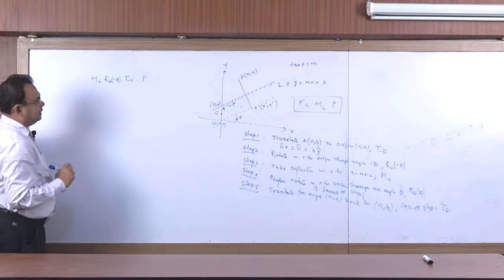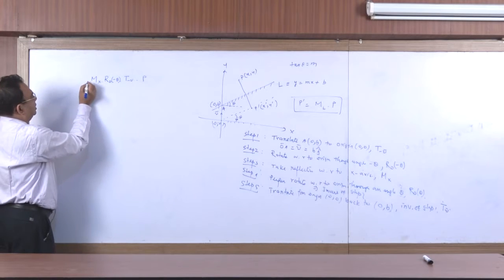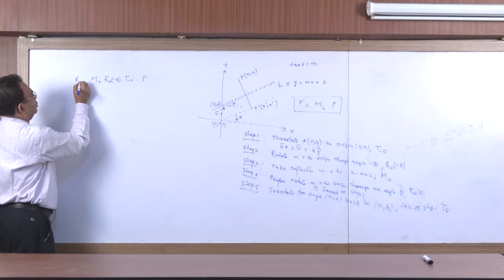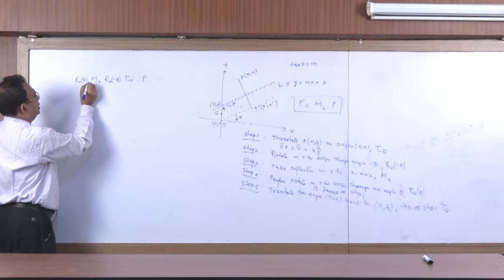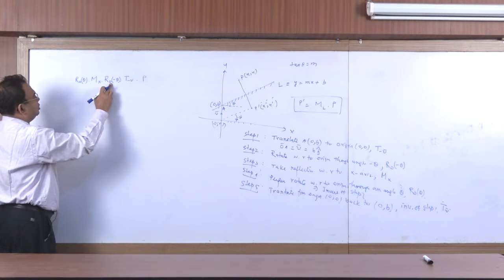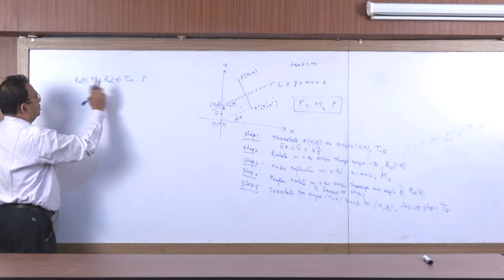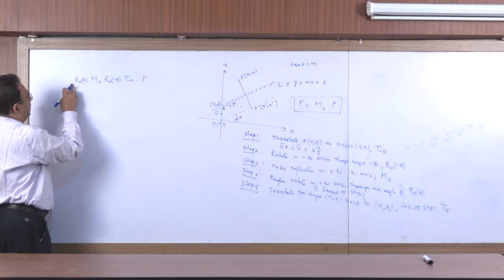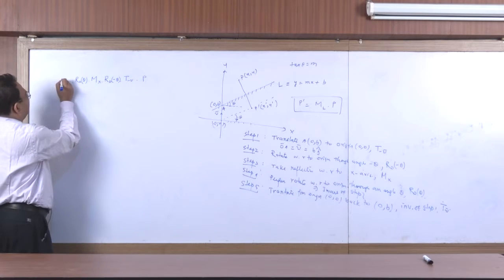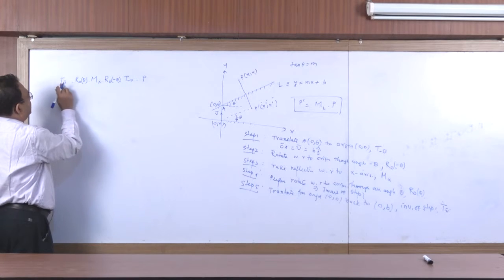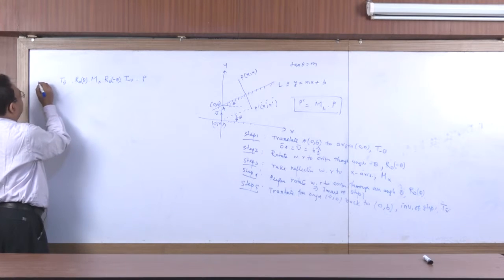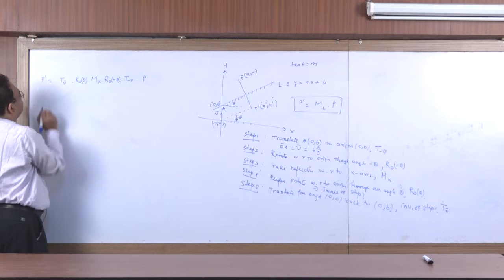Then step 4, rotation with respect to origin through an angle theta, which is the inverse of R0 minus theta, and then we have applied the back translation, that is TV. This is the inverse of this matrix, and this is your P dash.